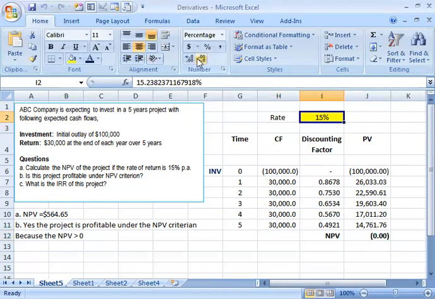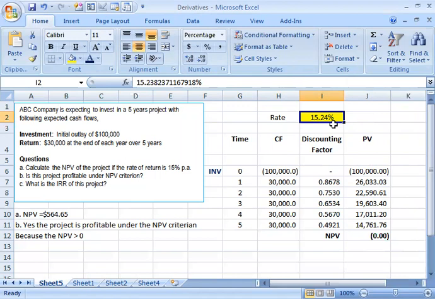So if we expand this value, previously it was exactly 15%, now it has changed to 15.24. So it's quite obvious, no, because the NPV value is a small amount, so the change rate, or the IRR, is also somewhere around 15 point something.